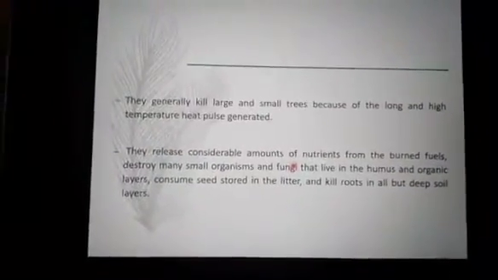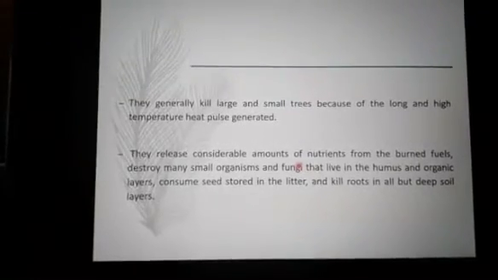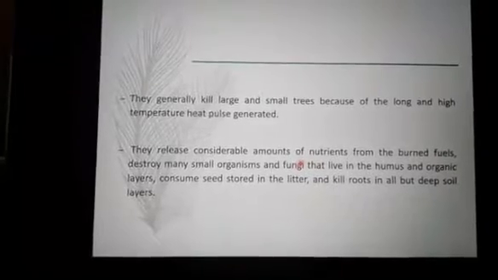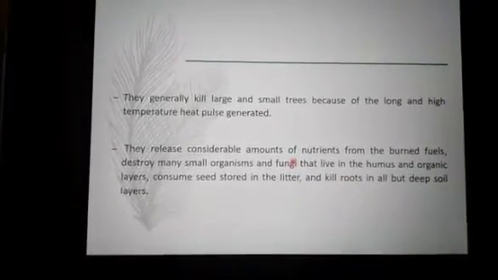So these two kinds of fires, the crown and the ground fires, are not recommended when you want to manage the ecosystem.